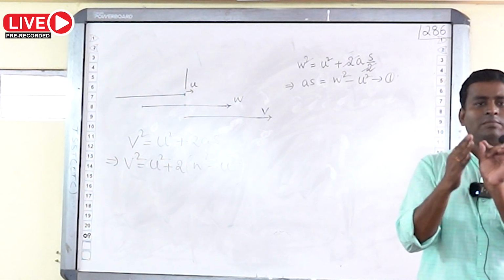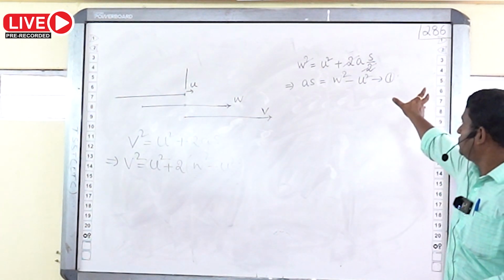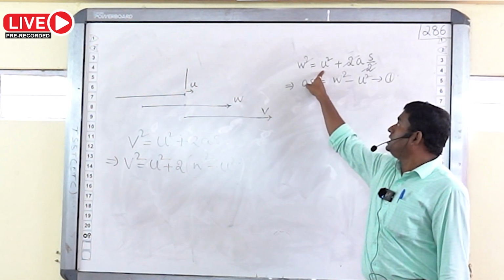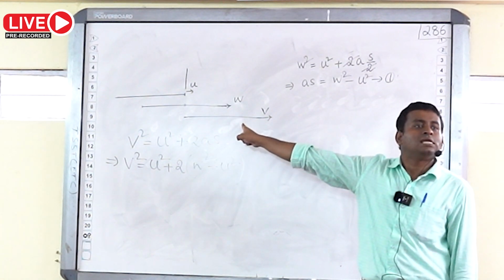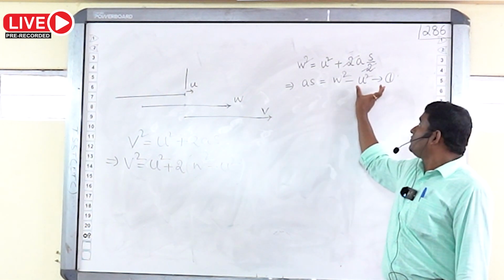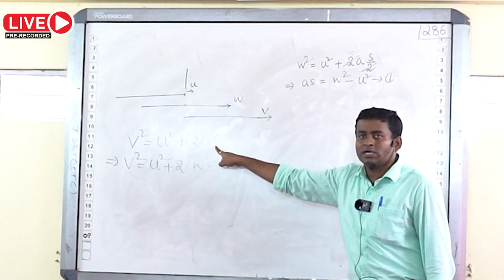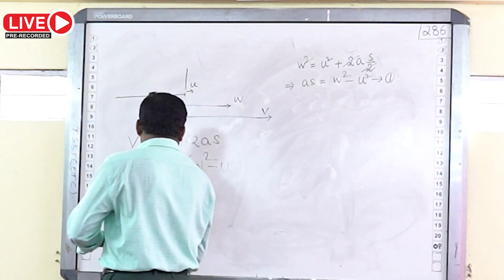Then when the midpoint comes, the displacement is half of the length, that is s by 2. So we construct two equations. One is considering initial velocity and the midpoint, another is initial velocity and the last compartment. Then from this as we got, aS is substituted here. Then we can find the value.